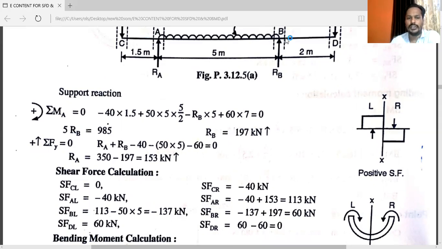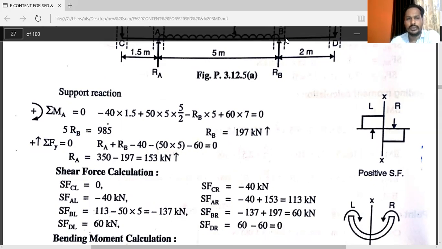Come to point B just to the right. So minus 40 plus RA minus 50 into 5 plus RB. Now the answer is 60 kilonewton. For D just to the left, again you have to consider all the left side forces: minus 40 plus RA minus 50 into 5 plus RB.